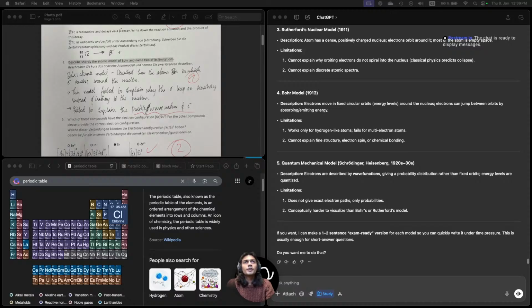Conceptually harder to visualize than Bohr or Rutherford model. We do have some limitations with the model that we have right now.